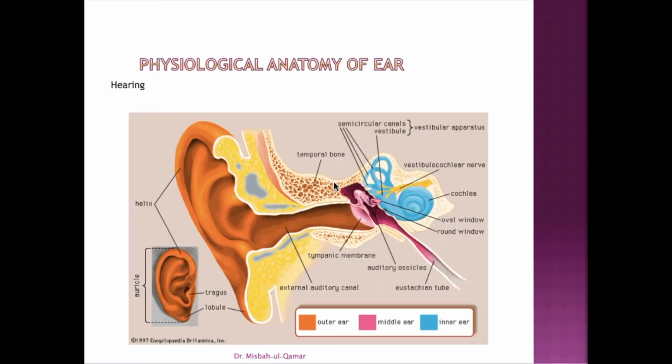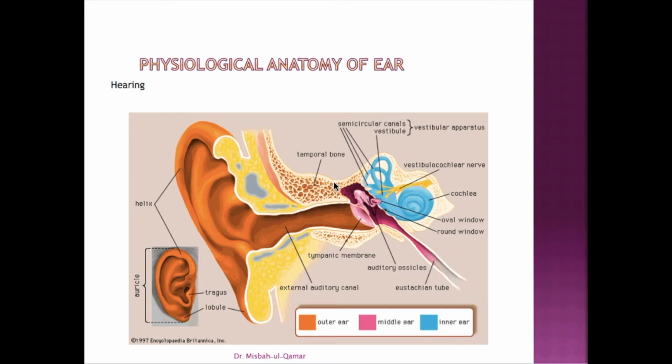So let's start with the physiologic anatomy of the ear today. As you can see in the figure, the three parts of the ear are color coded.